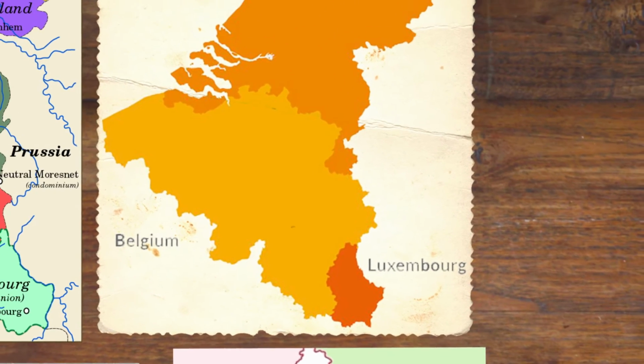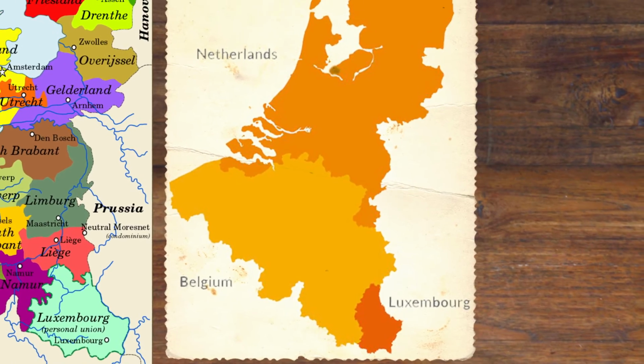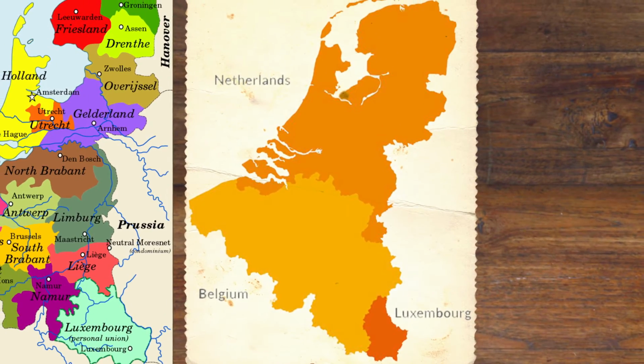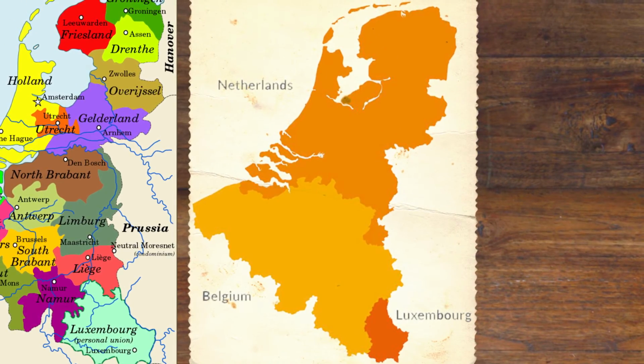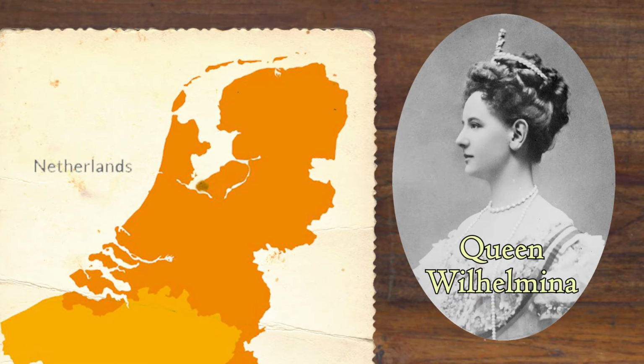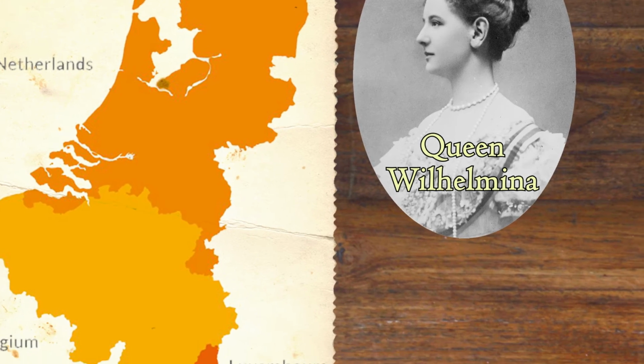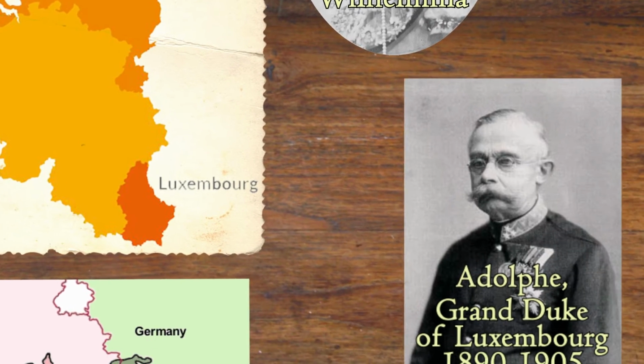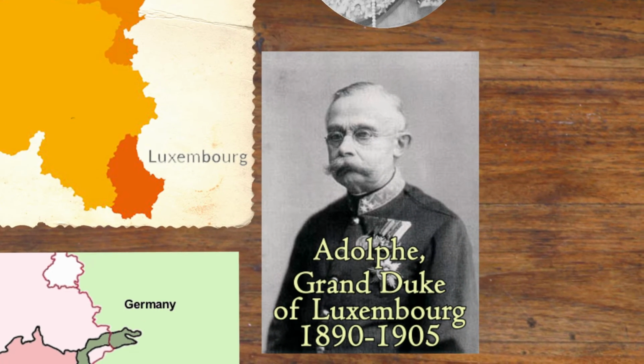This meant that the personal union between the Grand Duchy of Luxembourg and the Kingdom of the Netherlands was now finally broken, with the Dutch monarch becoming Queen Wilhelmina, but as a female she could not inherit the Grand Duchy of Luxembourg, so that passed to Grand Duke Adolphe, who was the head of a junior branch of the House of Nassau.